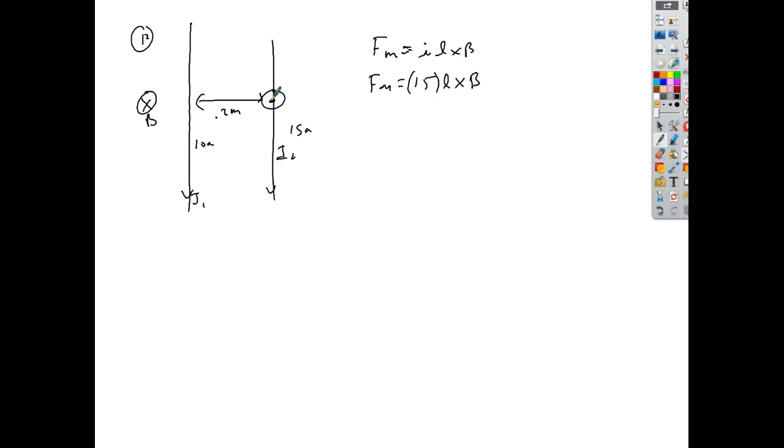Remember the decoration is a dot, like a dart coming at your forehead, with the fins of the dart going away. So this is coming out. Is it exactly perpendicular? As long as these are parallel, it is exactly perpendicular, so the cross product is ignorable. Thank goodness. And I get 15. I'm going to move the L to the other side. My force of magnetism per unit length is going to be 15 times B. Agreed?